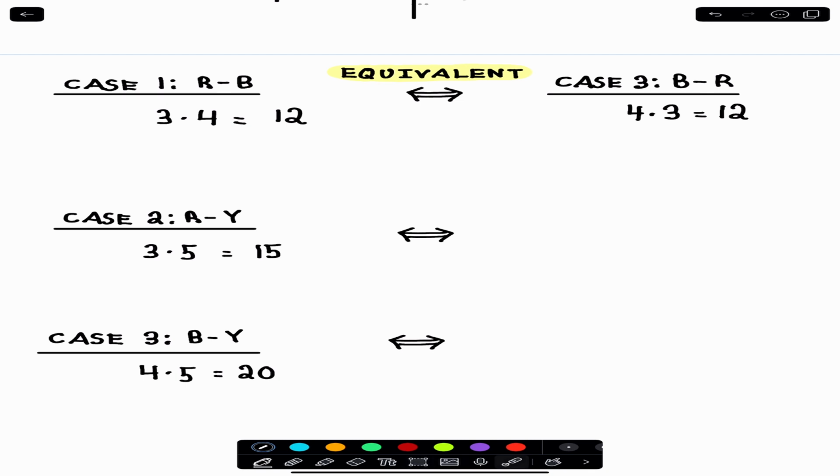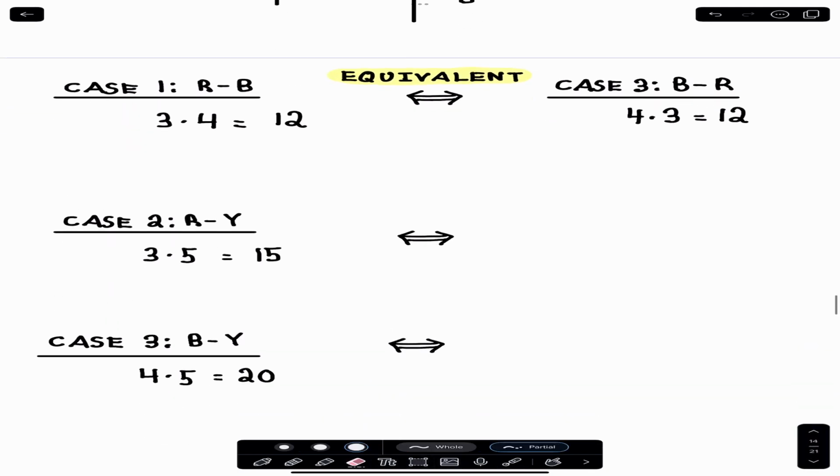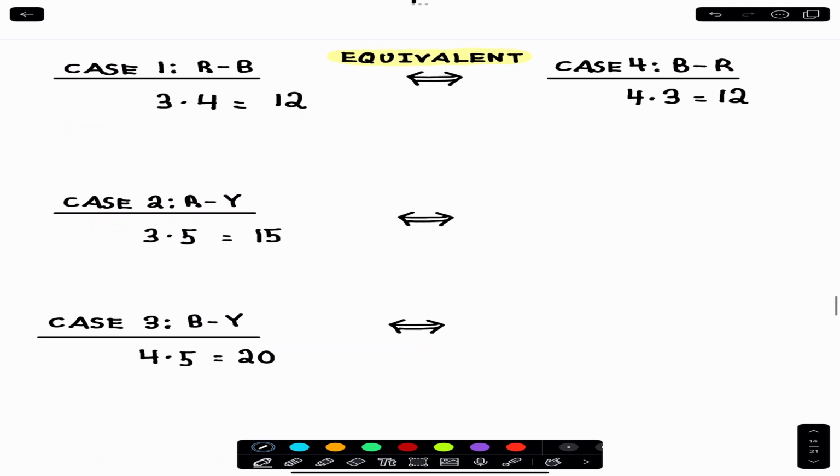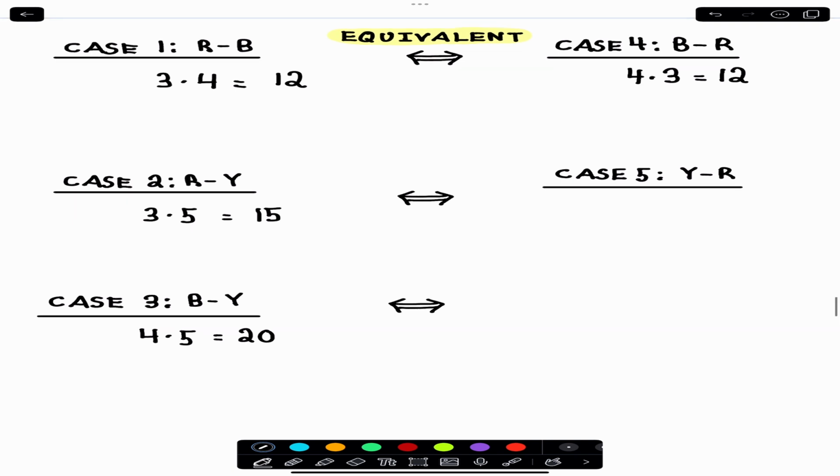because I can't have 2 case 3s, let's say this is case 4, and we're just going to write out the other cases. So case 5 is yellow-red. So if Adam gets a yellow and Mark gets a red, it's the same logic.